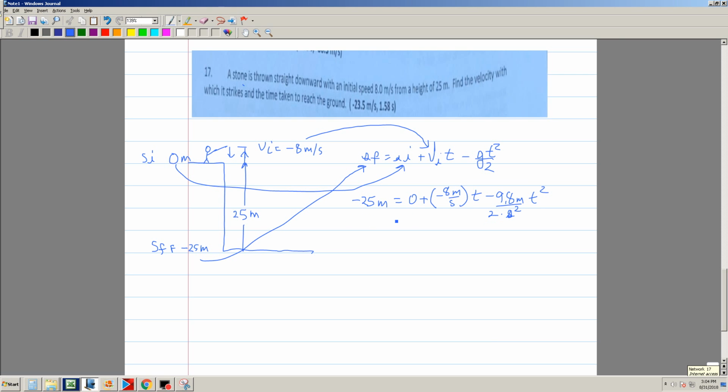Okay, so now let's go ahead and set this as a quadratic equation. Basically, that's what this is going to be.